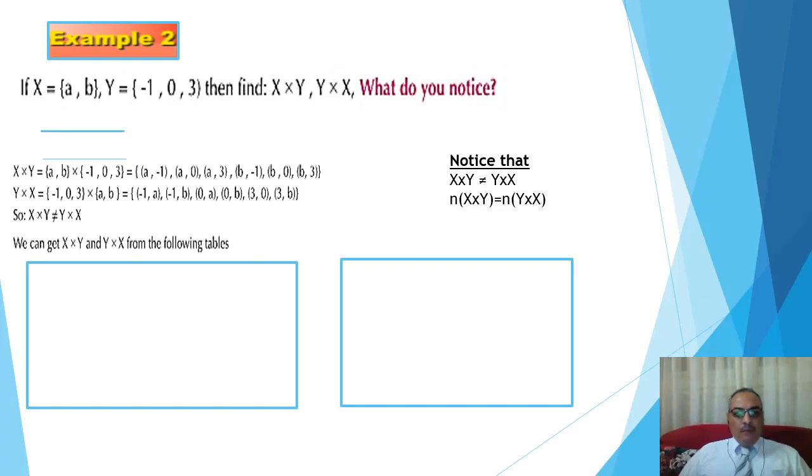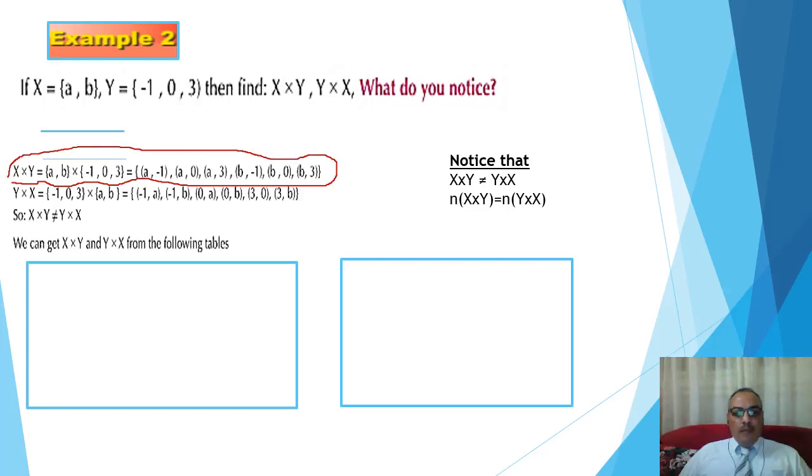Look with me: X product Y. We get (A, negative 1), (A, 0), (A, 3), (B, negative 1), (B, 0), (B, 3). This is the Cartesian product X product Y.